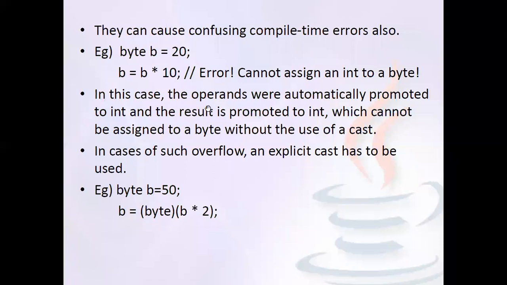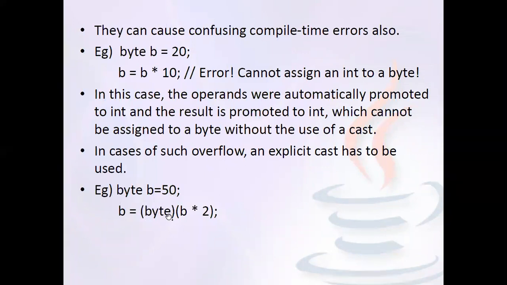So you can't have this kind of thing. In this case, we need to do explicit casting. The operands were automatically promoted to int, and the result is int, which cannot be assigned to a byte without the use of a cast. So in case of such overflow, an explicit cast has to be used. We need to write casting here.